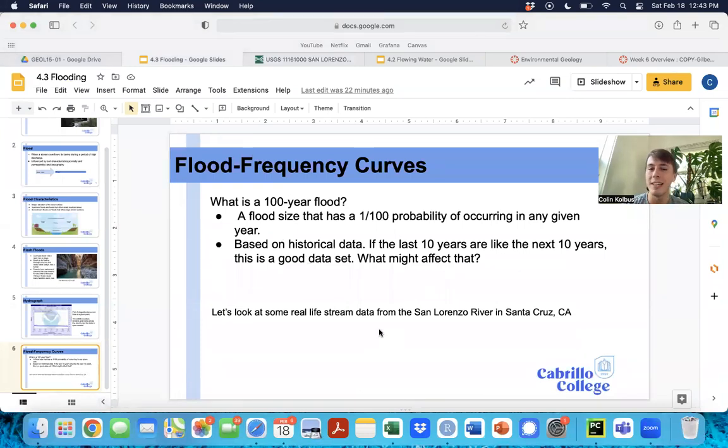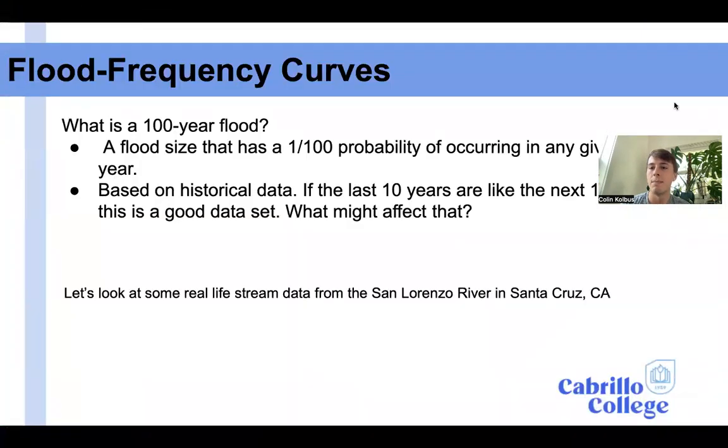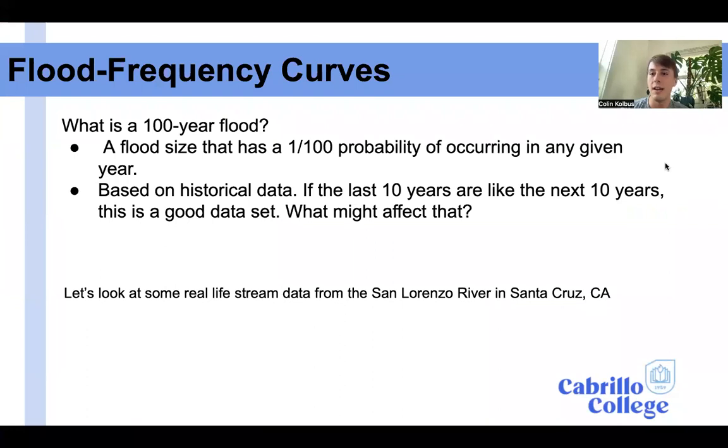So more data is always better, and a 100-year flood is something that in some locations we don't even have enough data points to calculate the probability of for an area without doing a little modeling, without doing a little linear forecasting.